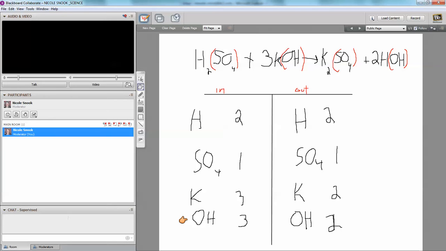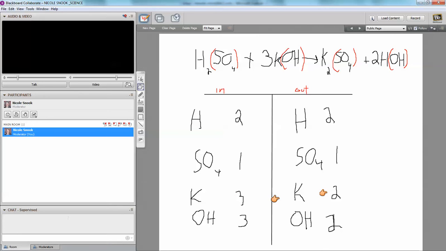So what you need to think about is a number that is a common multiple of 3 and 2 that can help you balance this equation. The easiest way to find the common multiple is to multiply 3 times 2, so it will be 6.